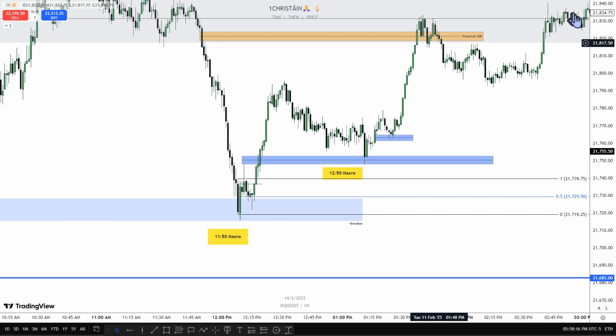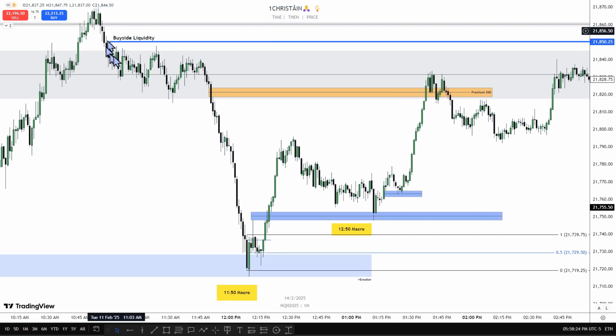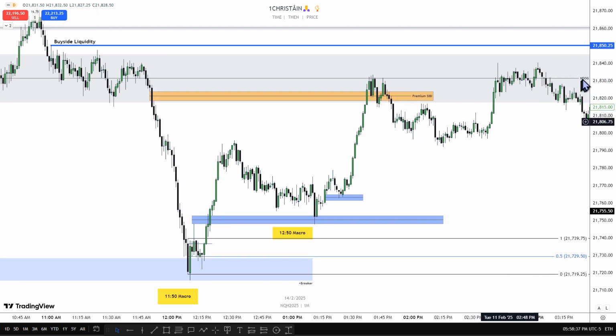This premium CB, and also your NWOG, consequent encroachment, and not even anticipate for this buy side to get taken, because this is so much back and forth. So this is basically like a balanced price range, also nesting right at your NWOG.